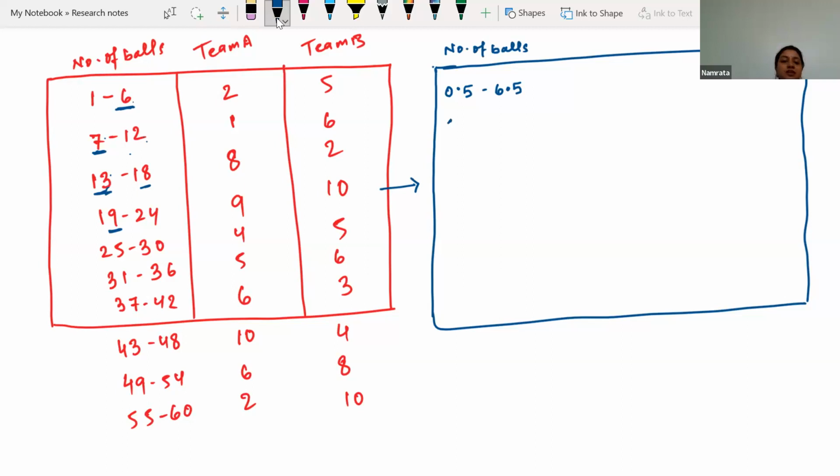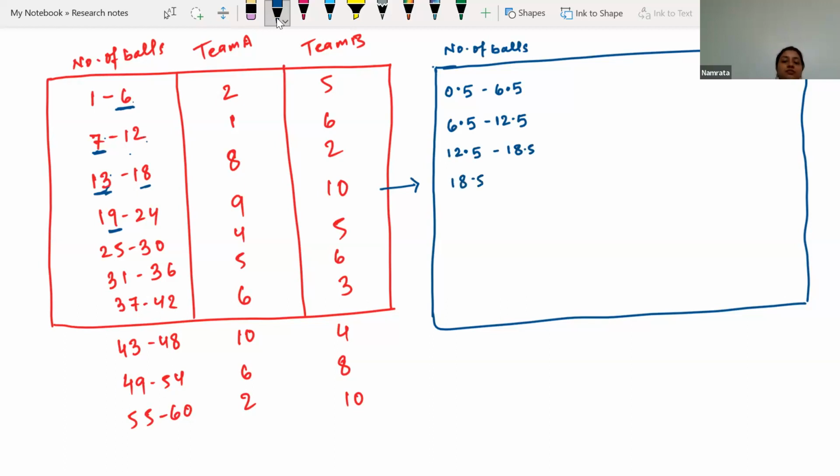Similarly, 7 minus 0.5 is 6.5, and 12 plus 0.5 is 12.5. Similarly, 13 minus 0.5 is 12.5, and 18 plus 0.5 is 18.5.